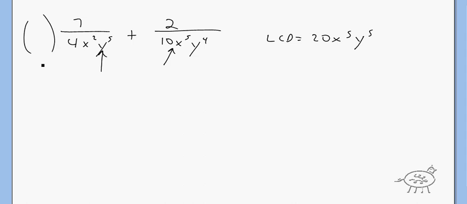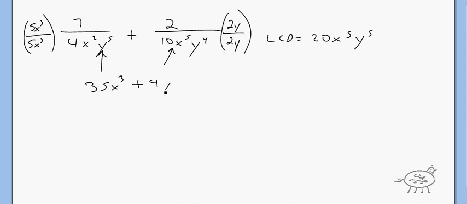So let's multiply it out. I need to multiply this by 5x cubed because that's going to give you x to the 5th. So 5x cubed over 5x cubed. And this one by a 2y because that's going to be y to the 5th. All right, so that's it. And we've got 35x cubed plus 4y over 20x to the 5th y to the 5th.